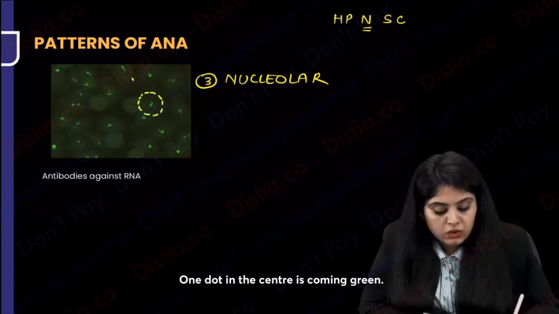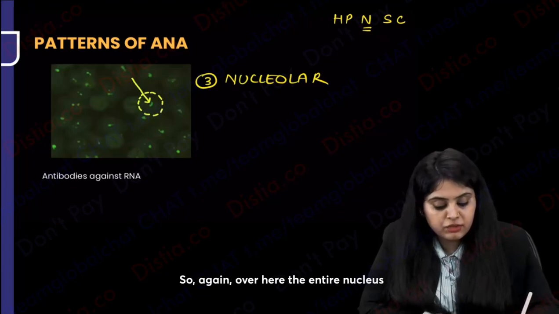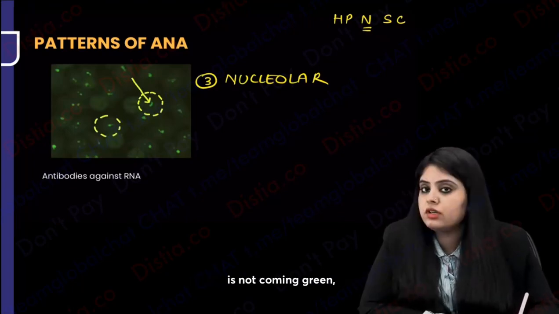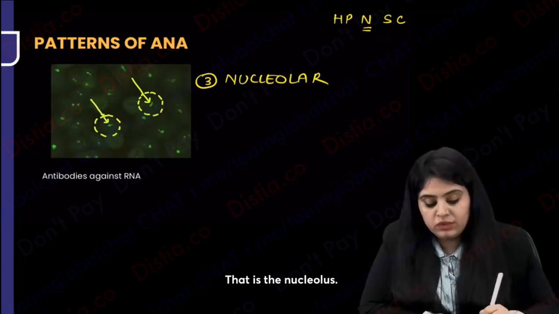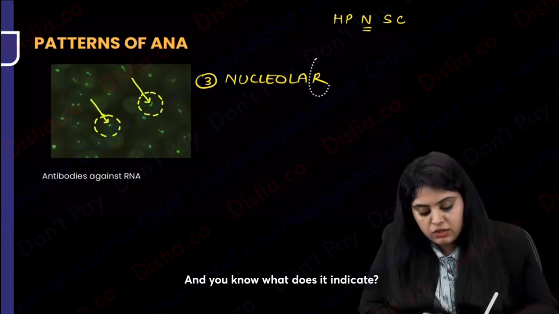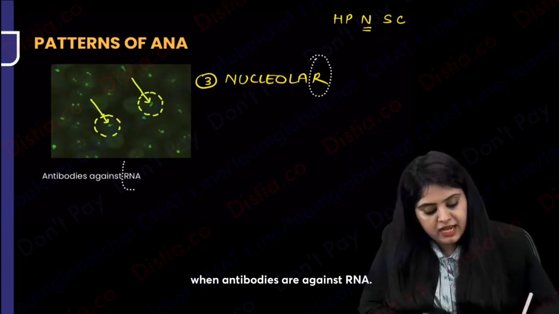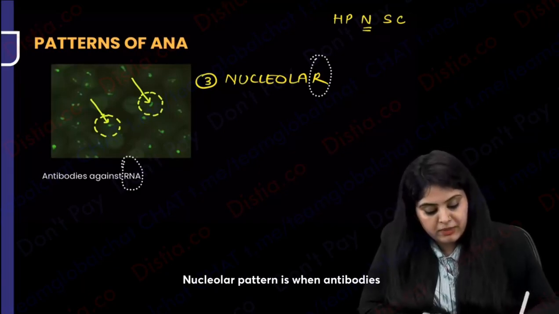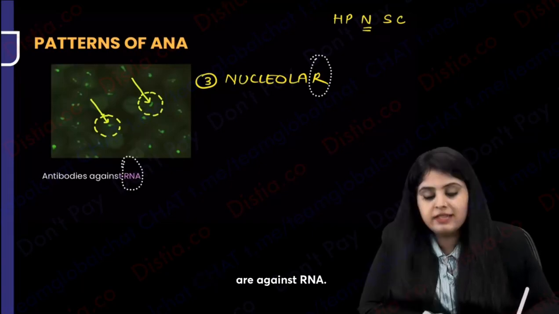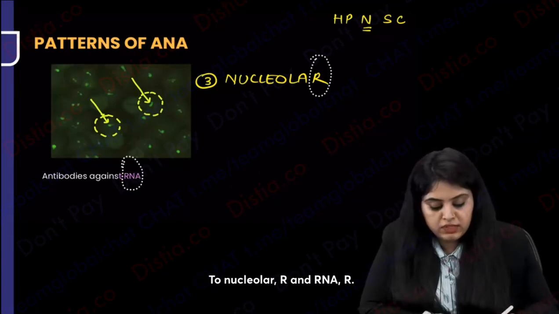No. One dot in the center is coming green. That is a nucleolus. And what does it indicate? Nucleolar pattern is when antibodies are against RNA. Again, repeating, nucleolar pattern is when antibodies are against RNA. So nucleolar R and RNA R.